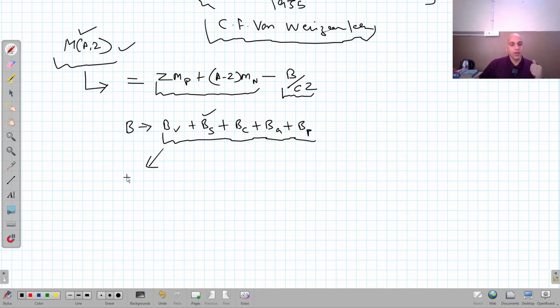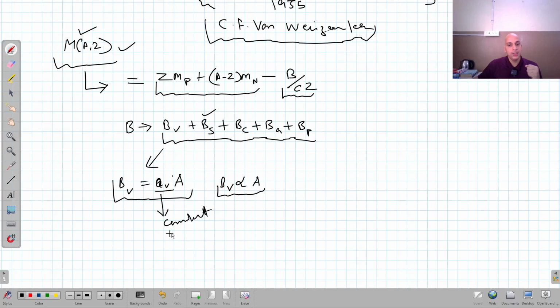The volume energy term is given as B_V equal to A_V into the mass number A. It means the volume energy term is directly proportional to the mass number, and A_V is a constant of proportionality whose value is given.